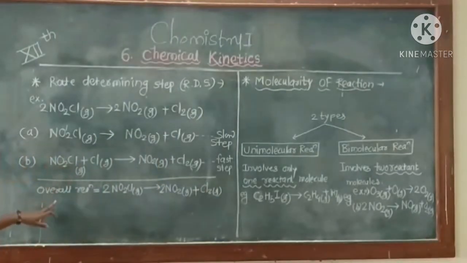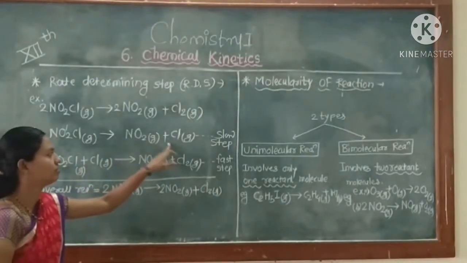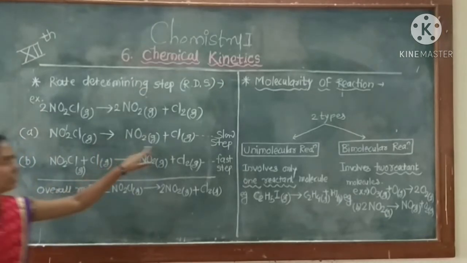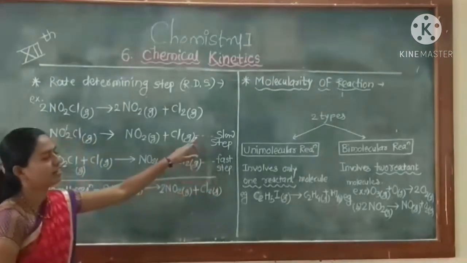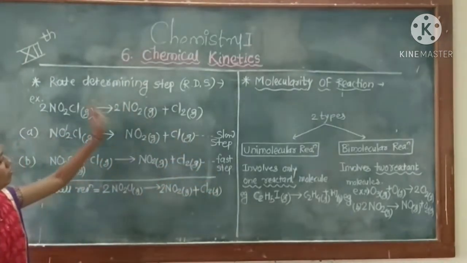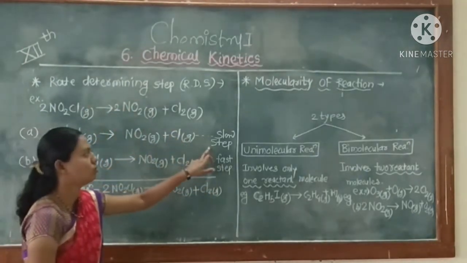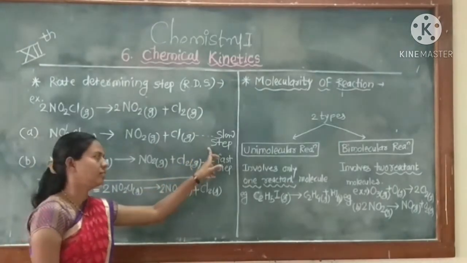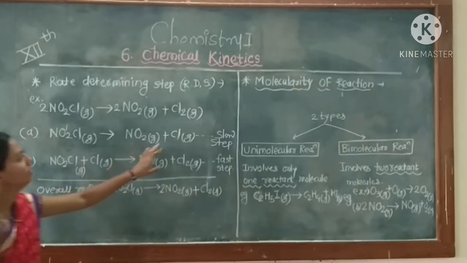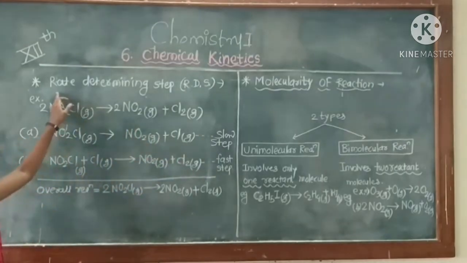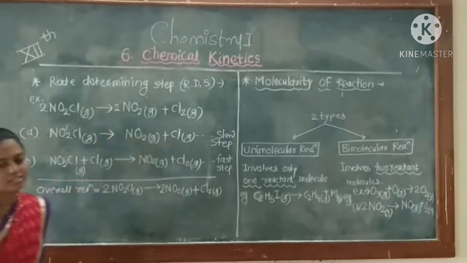See here, in this reaction, the first step is a slow step, and the second step is a fast step. Which is the rate determining step? The first step, which is slow, is the rate determining step, because it is slow, and it determines the rate of that reaction. It is called the rate determining step.